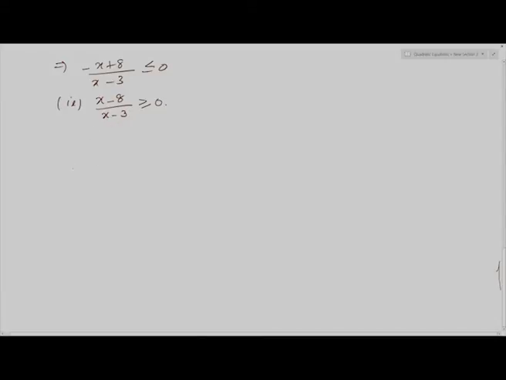Now, again I can use the sign graph for convenience. Take the number line, and here remember x = 3 and x = 8. So, here it is 3, and here it is 7, 8 and so on.